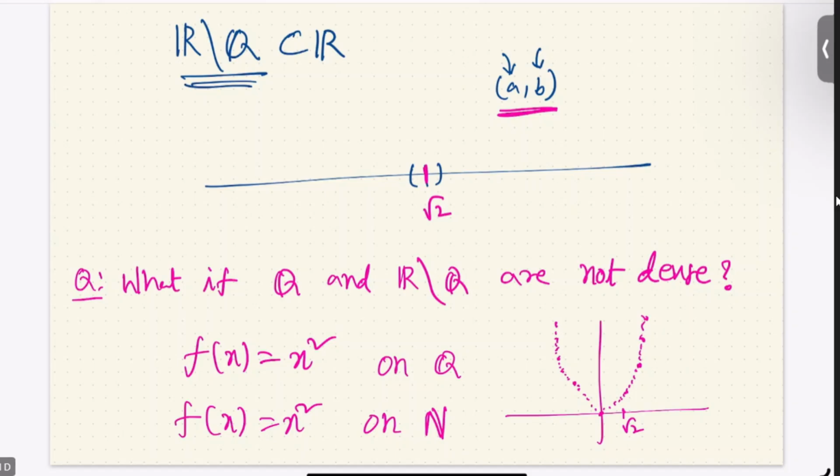Suppose you wanted to draw a motion of a particular path, if there are some gaps in these real numbers, and you don't know what is the motion in that gap, so you can't predict it.